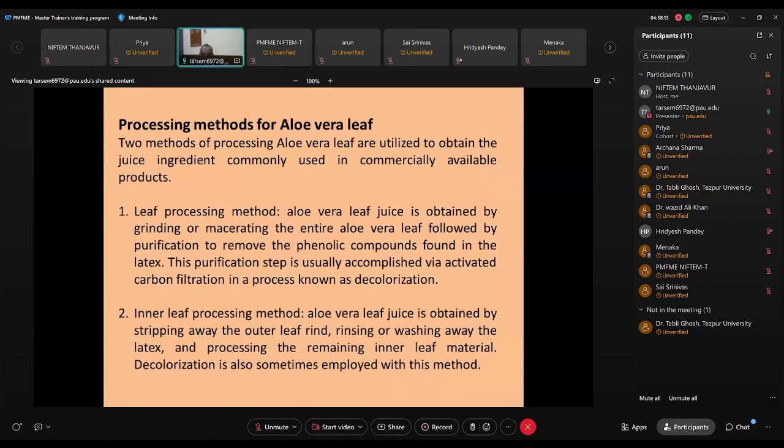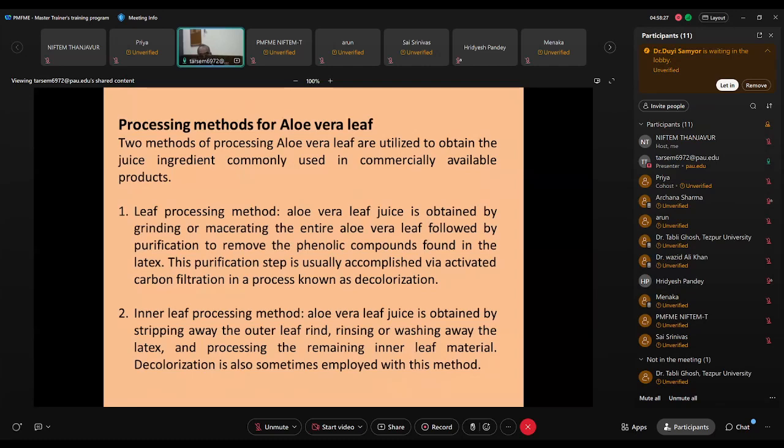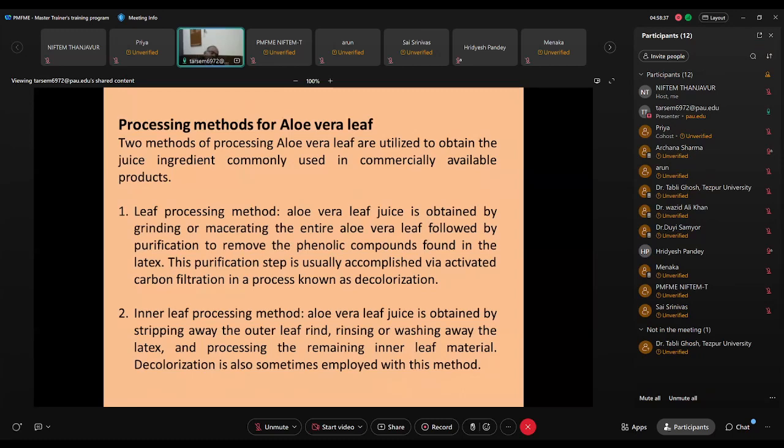And when we grind or macerate the entire aloe vera leaf, the solid material is also part of that maceration, and we have to remove that solid material or phenolic compounds found in the latex by using carbon filtration. So it does two purposes. One is removing the solid part, and secondly doing the bleaching action as well.